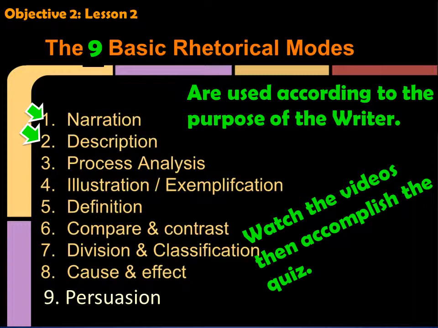We also want to show how something is done, then we use the process description, and sometimes we use process analysis. Let's say, for example, we describe how the fusion of certain chemicals will result into something. So we provide the process, and at the same time we show them the result. Somewhat similar to the cause and effect, but not exactly.